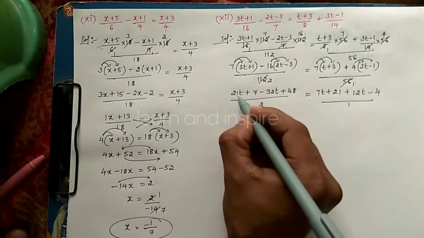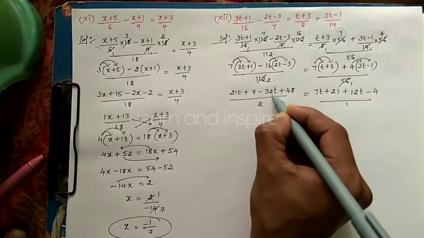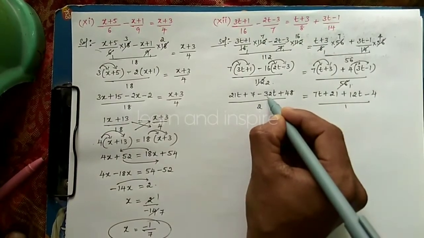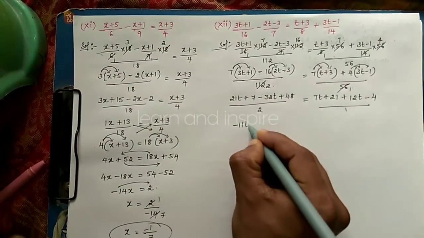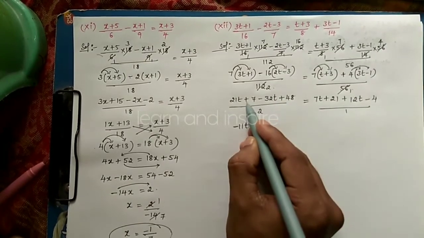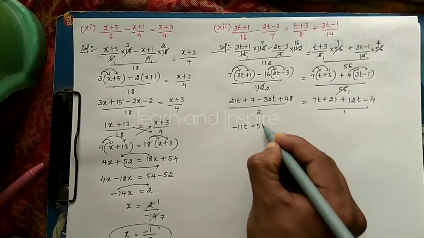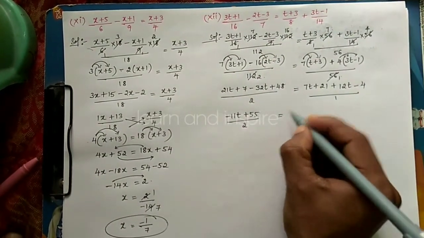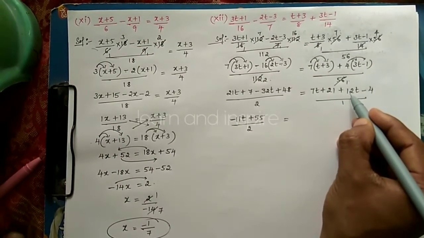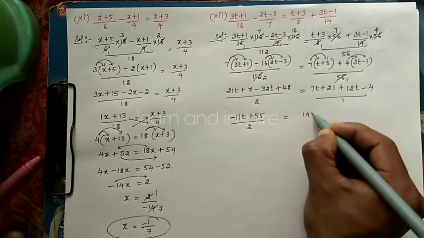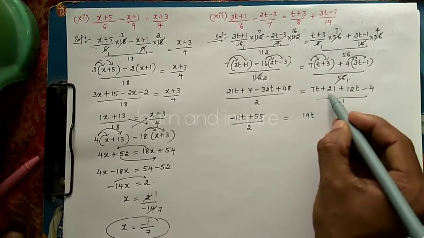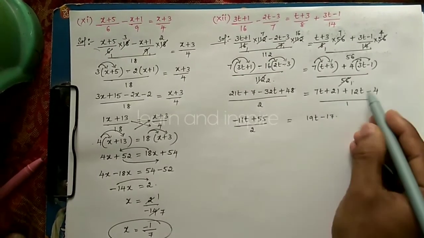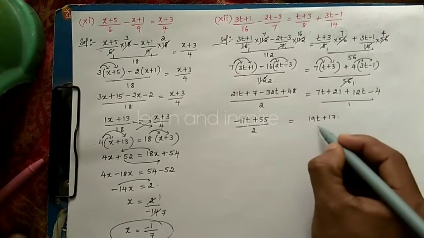Okay, so next 21t minus 32t, these two are like terms. Now we can subtract 21t minus 32t, which is minus 11t plus 48 plus 7 is plus 55, divided by 2, which equals 7t plus 12t, which is 19t, and minus 4 plus 21 is 17, by 1.